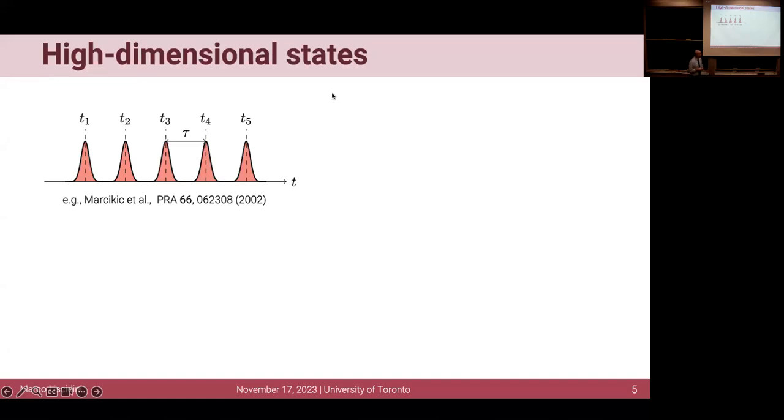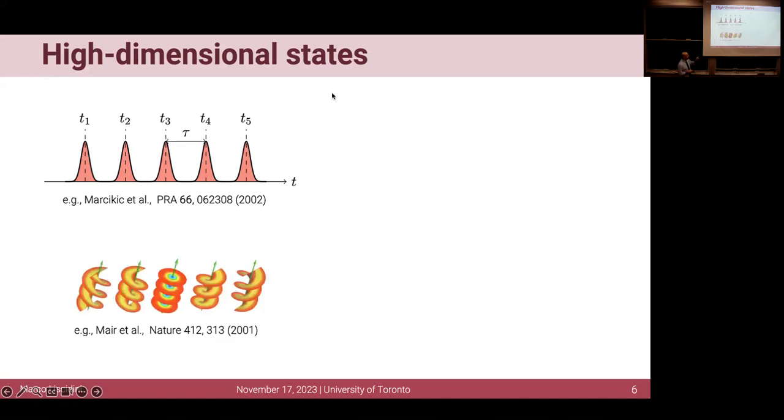Or you can also play with more exotic degrees of freedom, like optical angular momentum. This is very challenging, but it has been attempted, and there have been a lot of very interesting implementations with that. Now, these two degrees of freedom are particularly interesting in bulk experiments, but they are very challenging in integrated optics, which is the focus of most of my research.